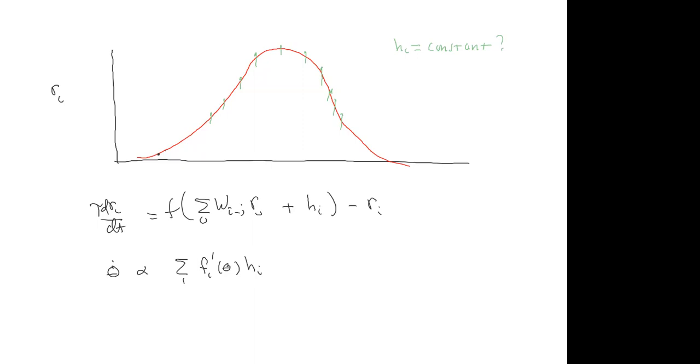If this curve shifts to the right, a rightward shift, which is an increase in theta, causes a decrease in firing rate.